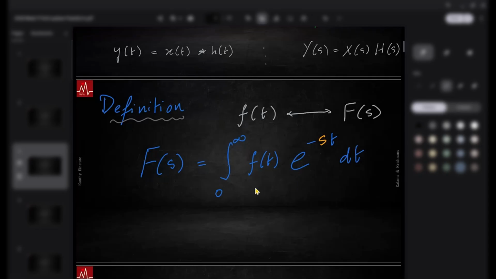Now time is a dummy variable that disappears. Technically, let's put a small limit over there. This is the integral from 0 to infinity of f of t e power minus st. This is the definition of Laplace transform.